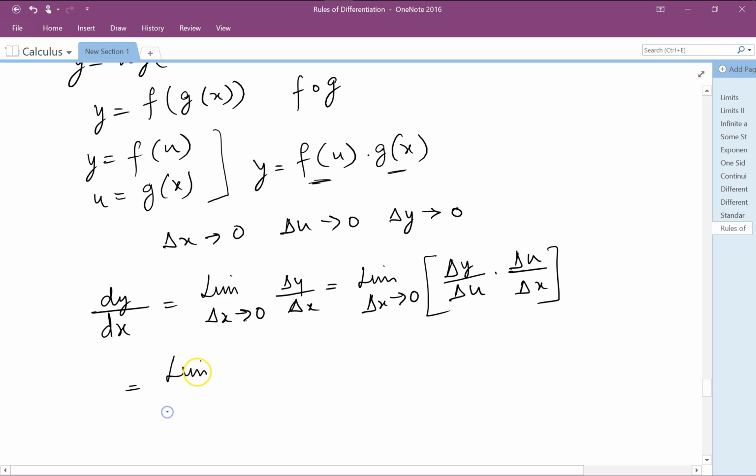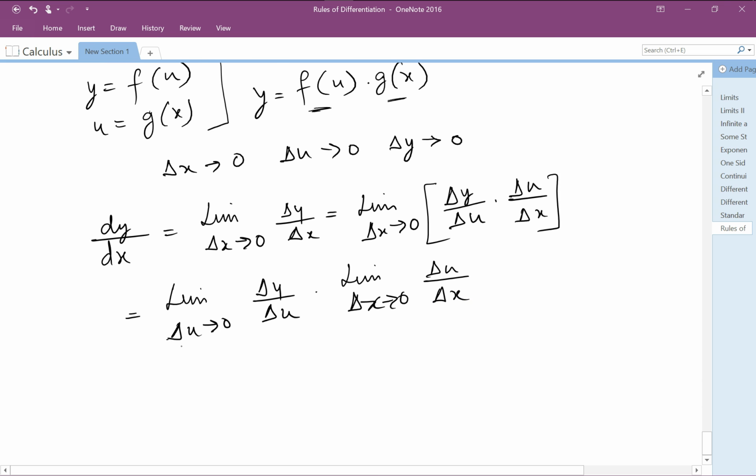So limit as delta u approaches 0 of delta y by delta u, limit as delta x approaches 0 of delta u by delta x. Now here the change that has taken place from this previous step is this. Why? Because as delta x approaches 0, delta u approaches 0.